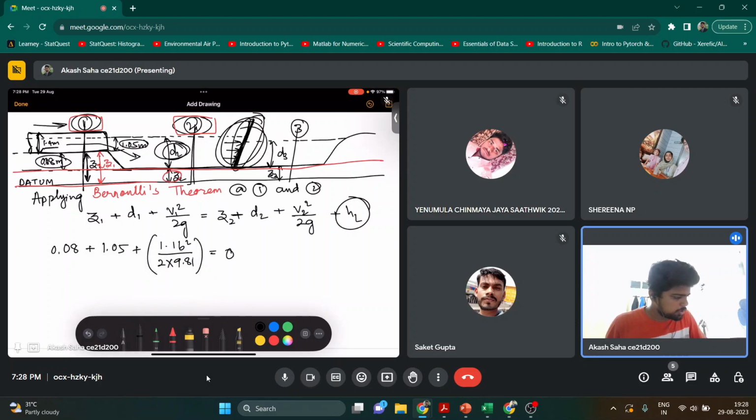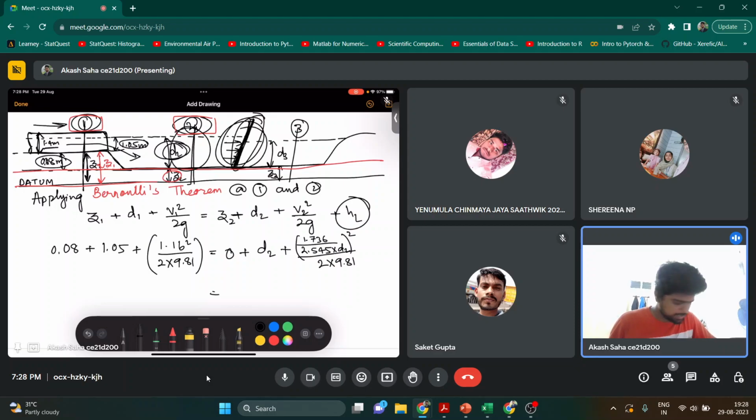So it will be 0 plus D2 plus V2 square. In this area, my velocity will be Q, 7.36, divided by area. My width is 2.454545 into D2. This will be my velocity, divided by 2 into 9.81.